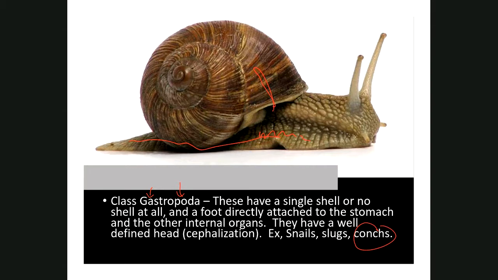And this is the first group that distinguishes itself by having cephalization. So here's the head region, with some sense organs, these little antennae. However, even though this has cephalization, they all have bilateral symmetry.